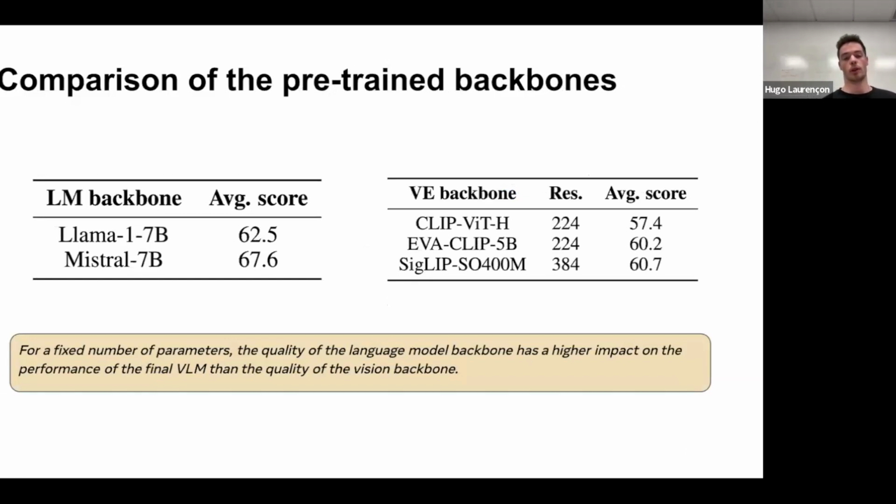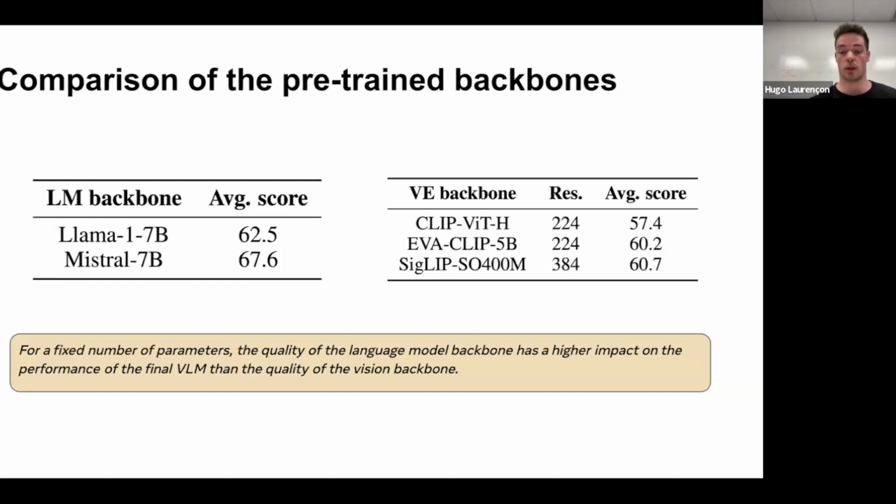After that, we wanted to check the impact of the pre-trained backbones. So essentially the language model and the vision encoder. So we saw that there was a big boost in performance when swapping, for example, Llama 1 to Mistral 7B, even if they were of the same size.